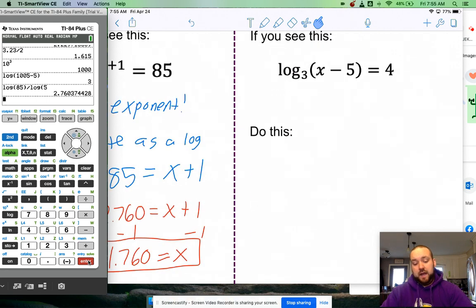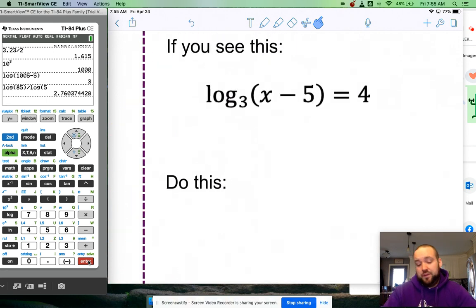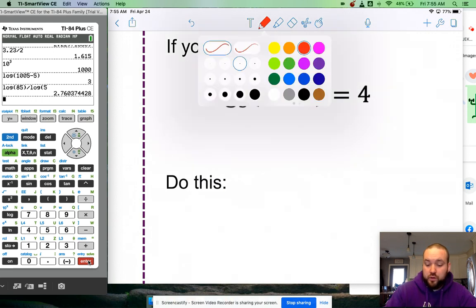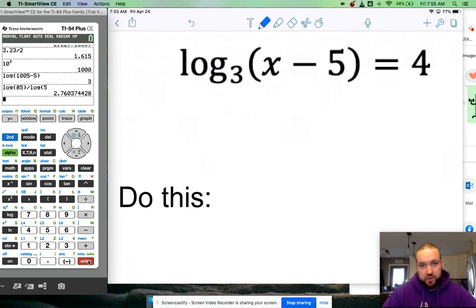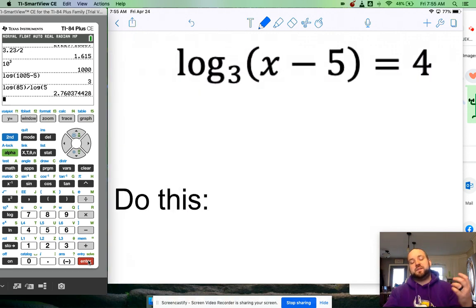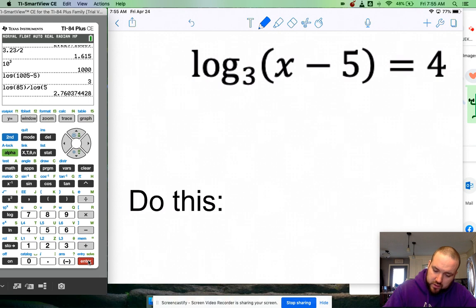Okay. The opposite is if you see x in the logarithm, we're going to use exponents to solve. Just like we did with squares and square roots or multiplication and division. We're using opposite operations essentially to solve these equations. So here, x is in the argument.